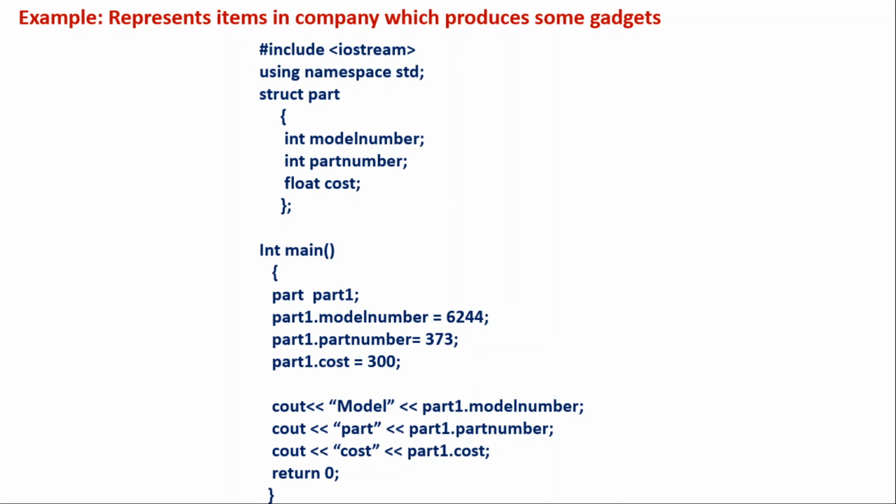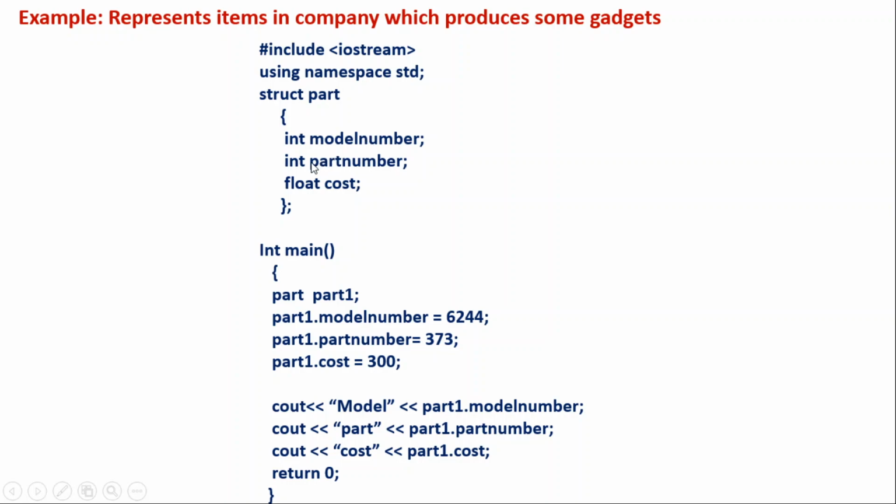One thing I forgot to tell you: when you define the structure, this was the definition, the program understands that there is a user defined data type called part, or a structure whose name is part, and it contains three structure members, but it doesn't reserve any space.